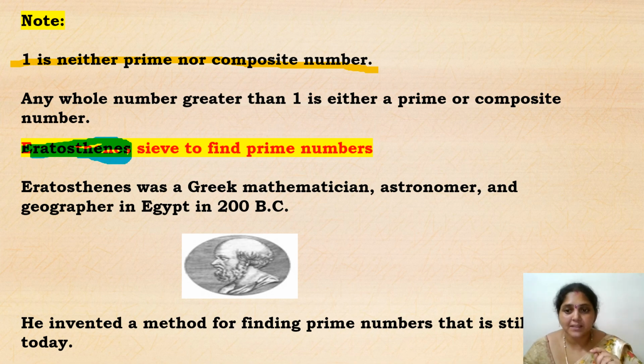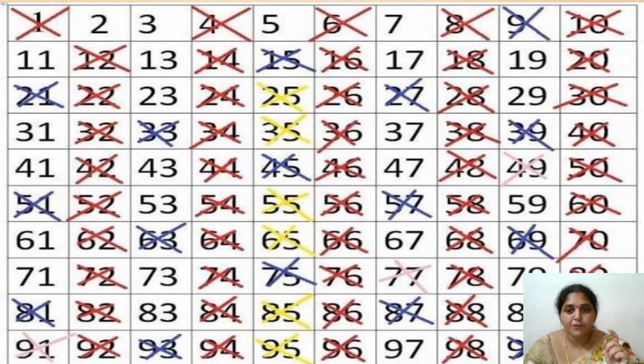Eratosthenes was a Greek mathematician. He identified how to find and how to remember prime numbers. We will see the table of how he identified the prime numbers till 100. If you observe the table here, you can identify numbers that are struck out and some numbers that are not struck out.